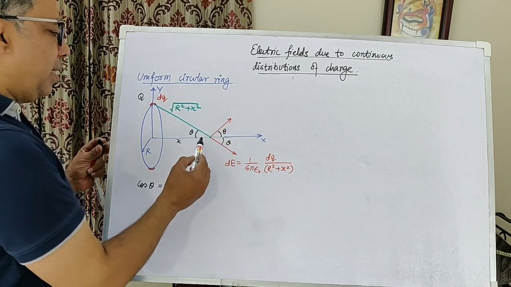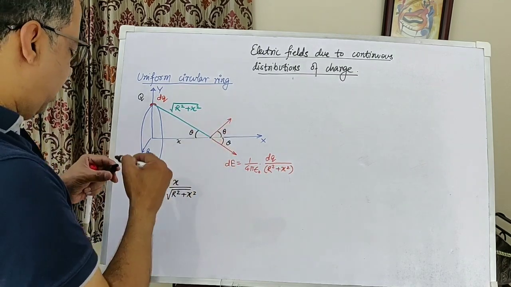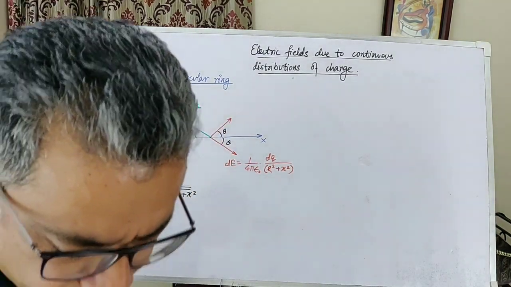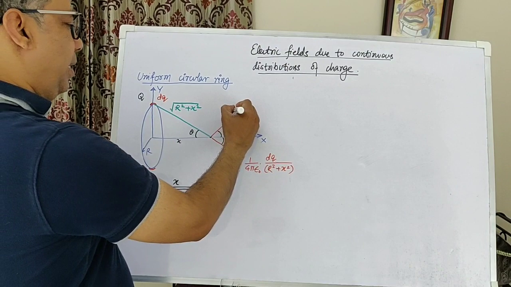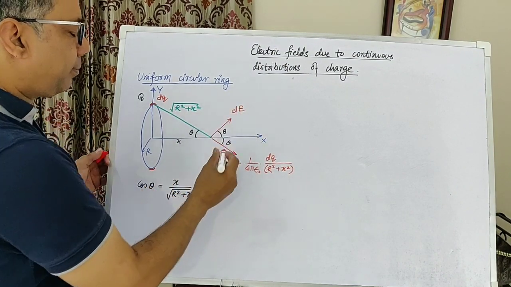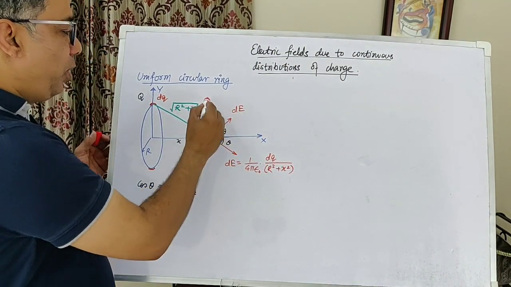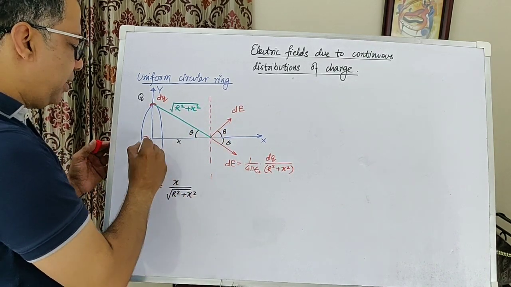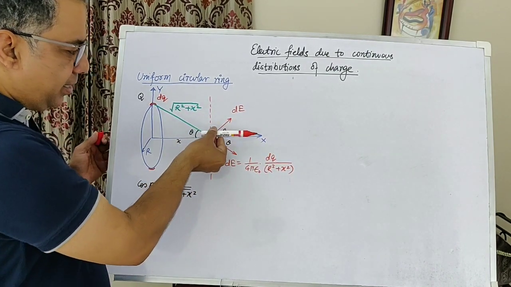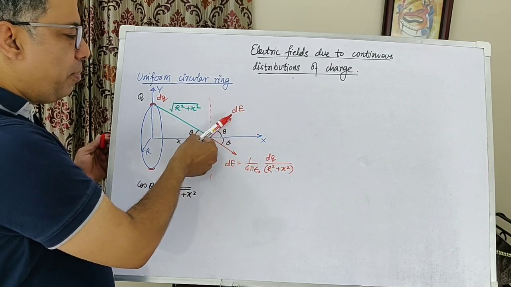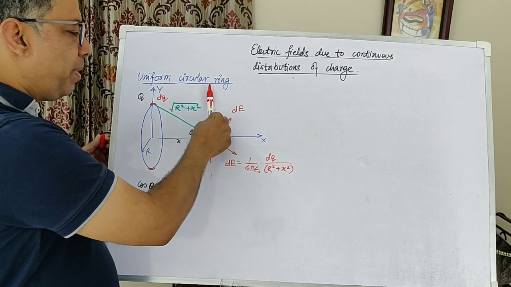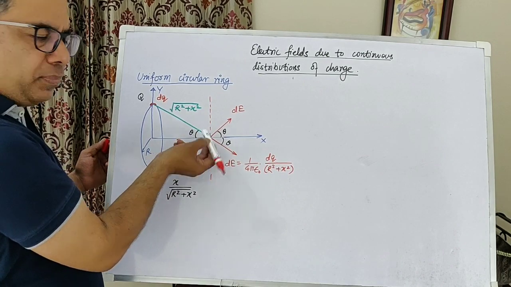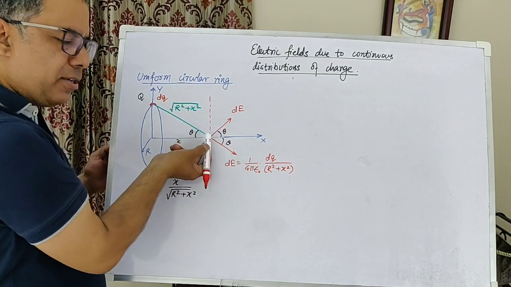Now, the components of these two elemental electric fields, these two dE fields, which are perpendicular to the axis of the ring, this x-axis being the axis of the ring, will be equal and opposite.